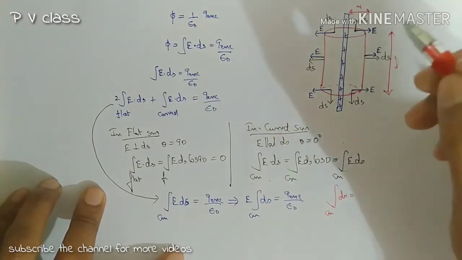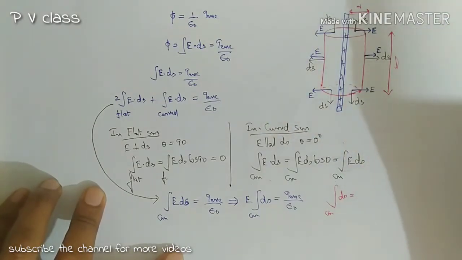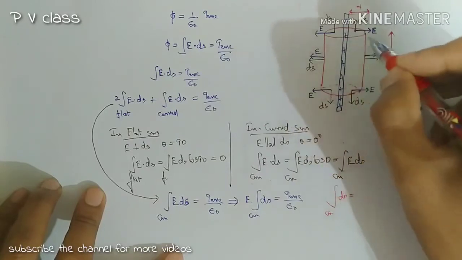Then how can you find out the curved surface area of a cylinder? It is circumference into length.